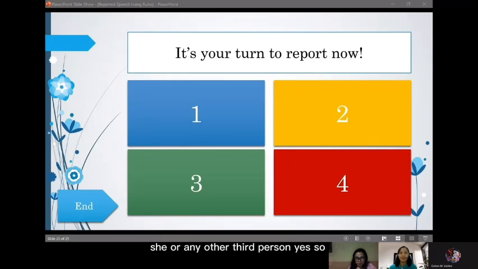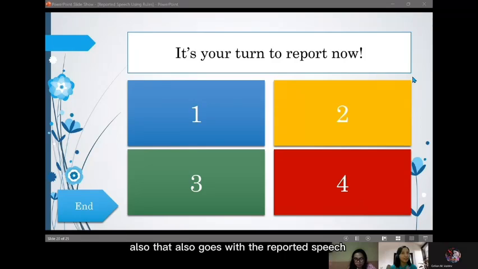Yes. So to correct that in the last part, it is actually the first or the direct speech. You can change the pronoun there. So there you can use first, second, or third person pronoun.